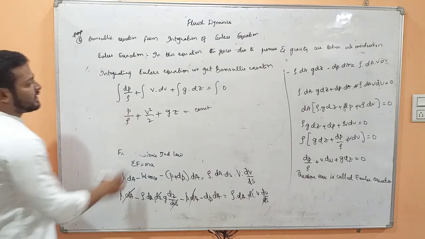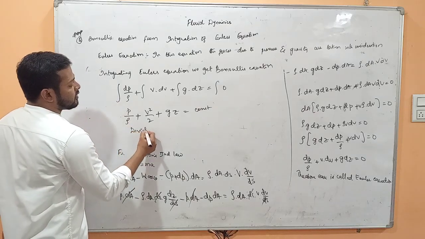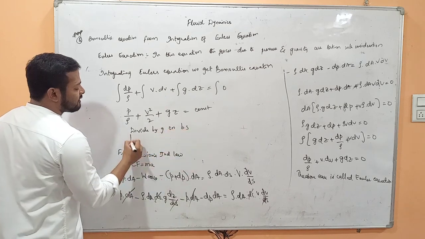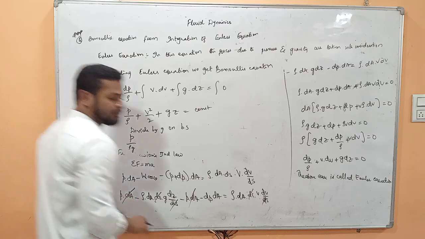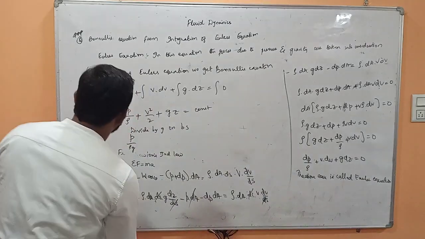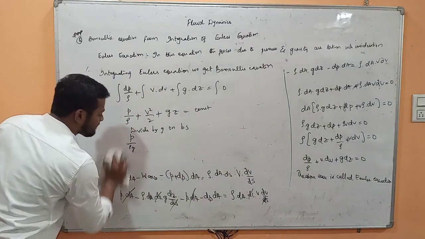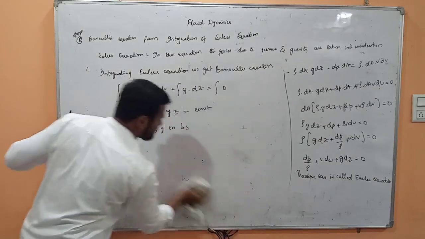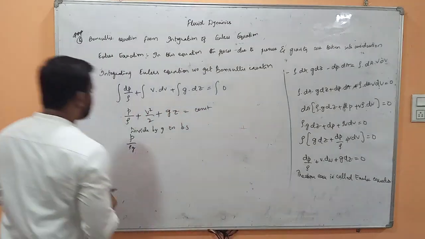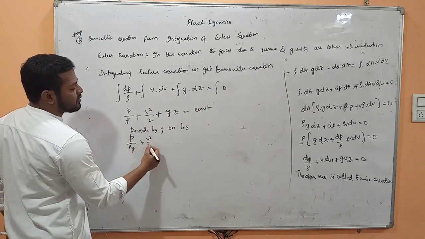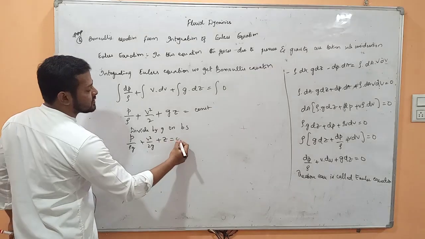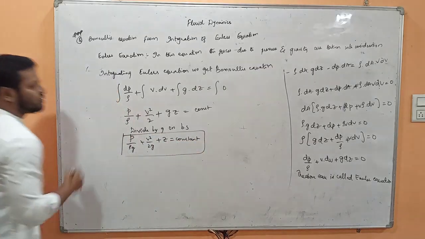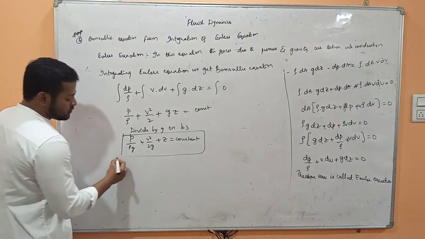If I divide by g on both sides, we have P by rho g plus V square by 2g plus z is equal to constant. This is Bernoulli's equation.